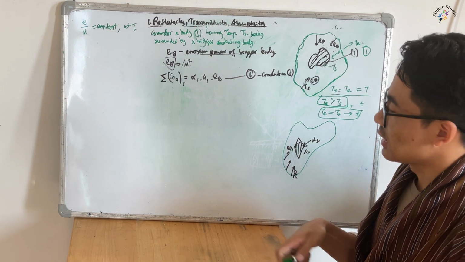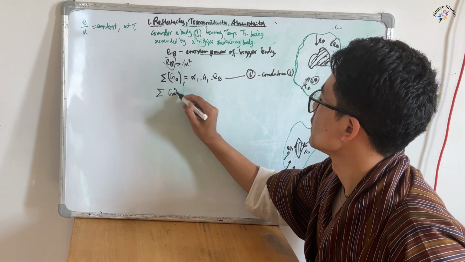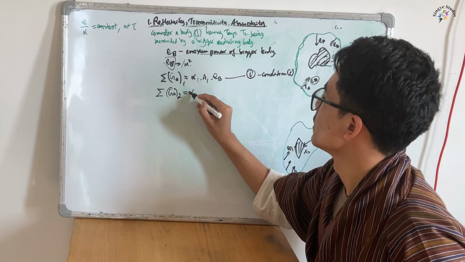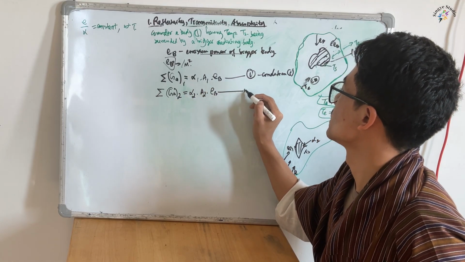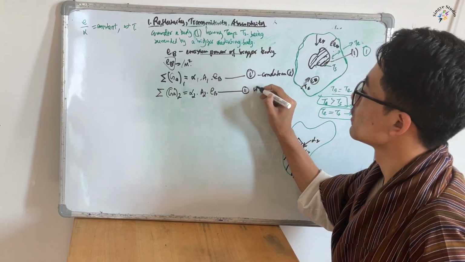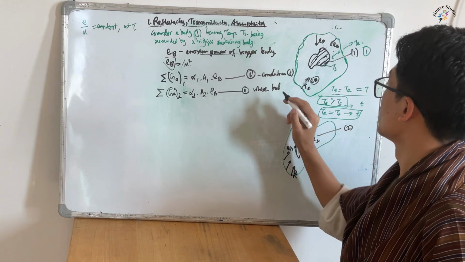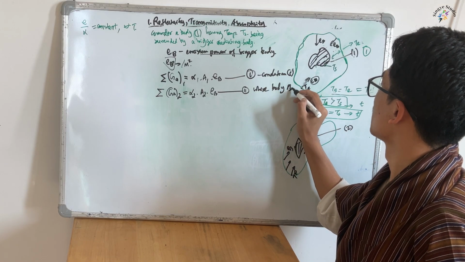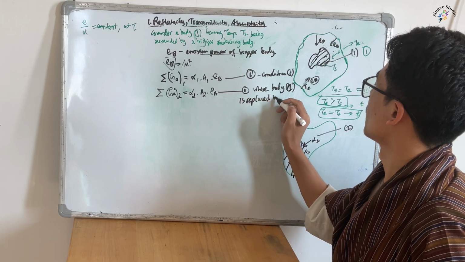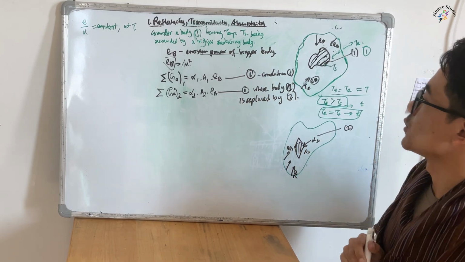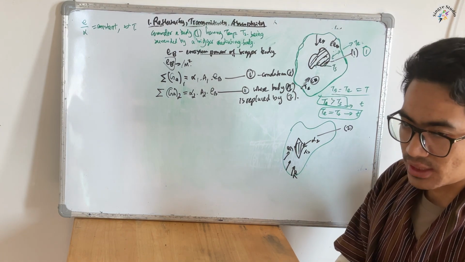Therefore, we can write like this. For case 2, the absorbed heat will be alpha 2 times area 2 times EB, which is condition 2, where this is body 2. Body 1 is replaced by body 2. So this is the condition that we are getting.